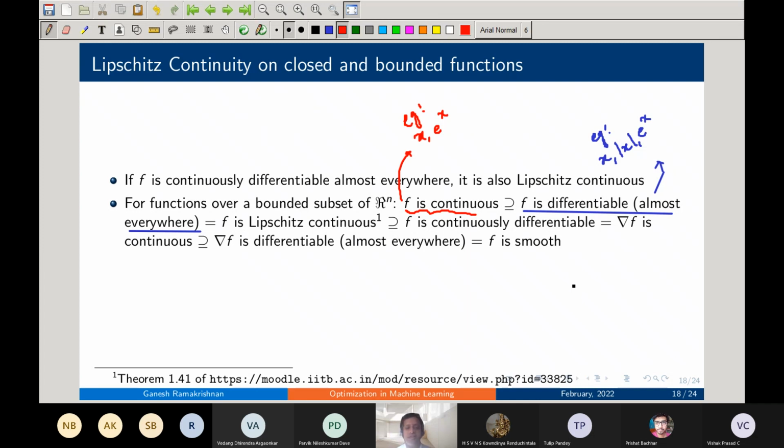Let's take the third case, which is in green. F is Lipschitz continuous. Now let's start seeing if it starts shrinking. Have we lost something? Have we lost any of these? Well, e raised to x seems to be fine.